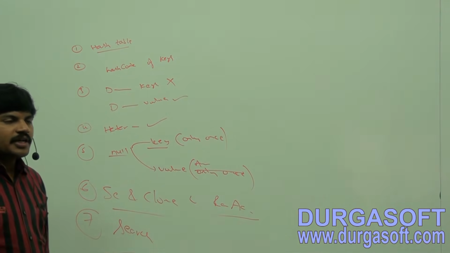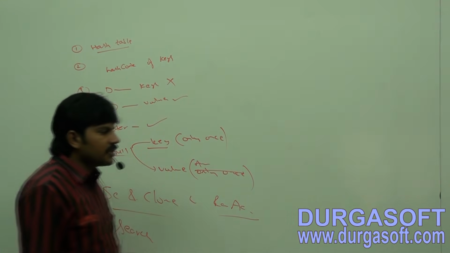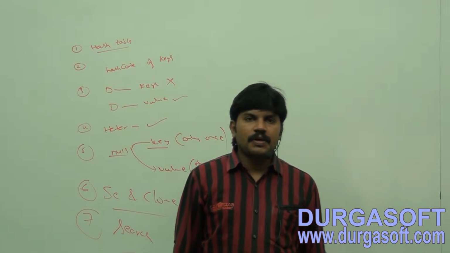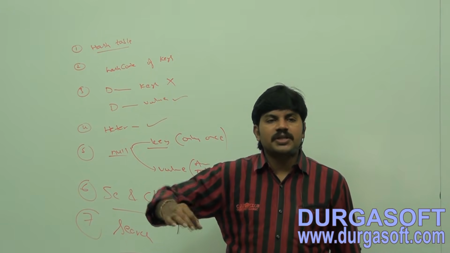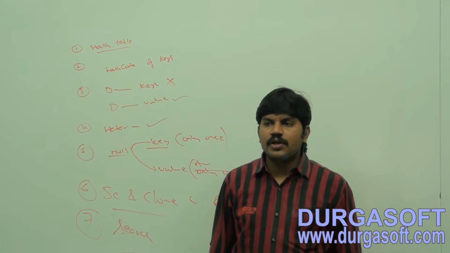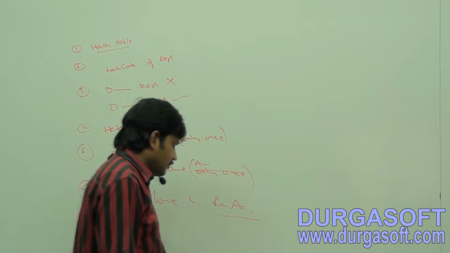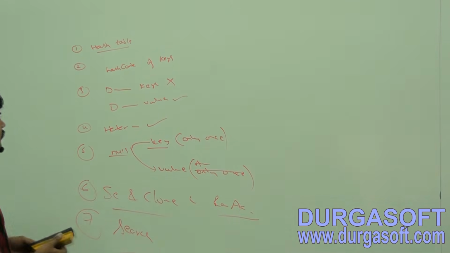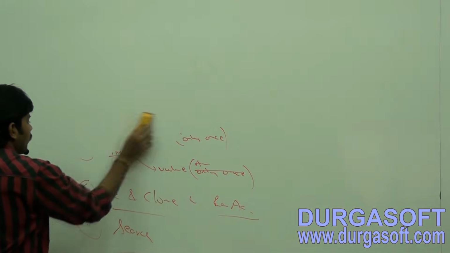Next, hash map is the best choice if our frequent operation is search operation.